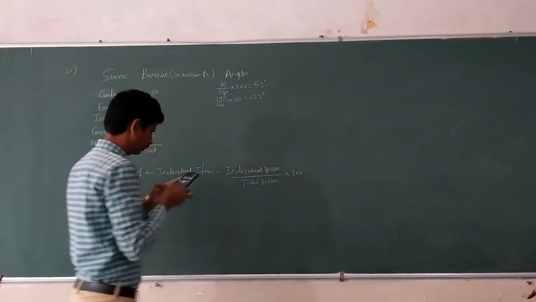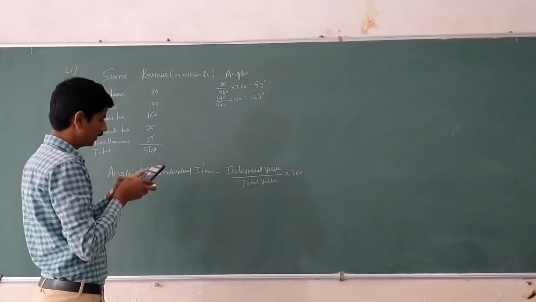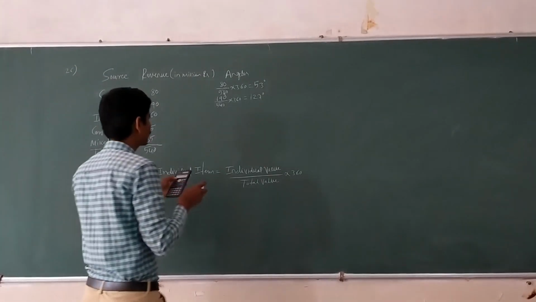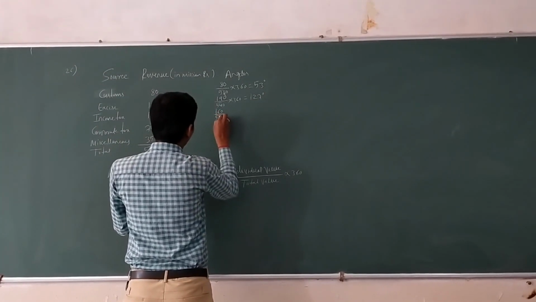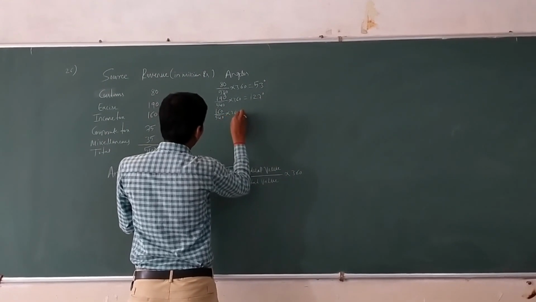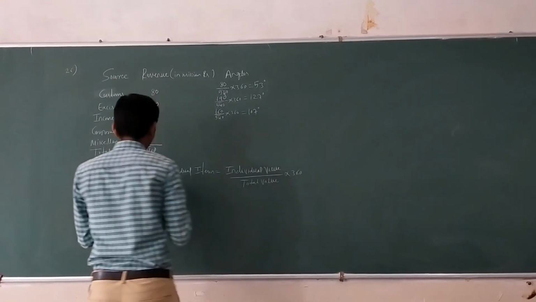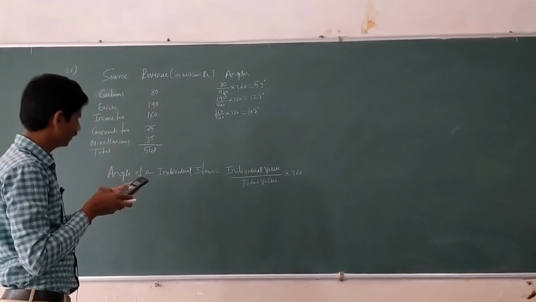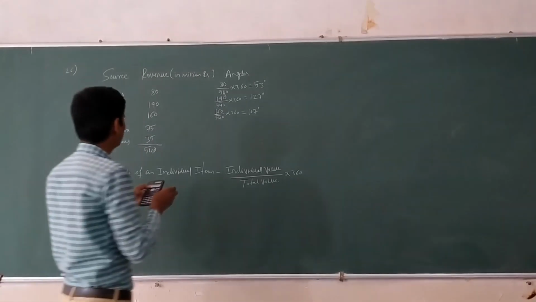The next, 160 divided by 540 into 360, then you get 106.66. Next, 75 divided by 540 into 360, then you get 50.